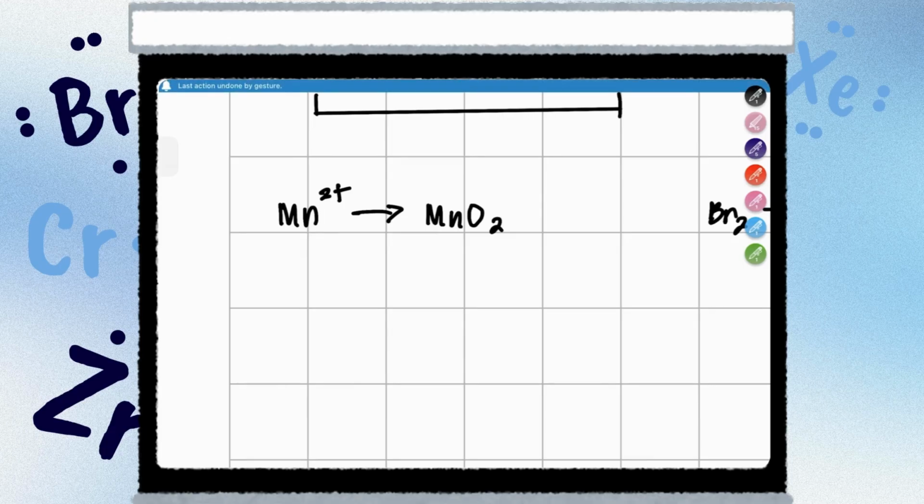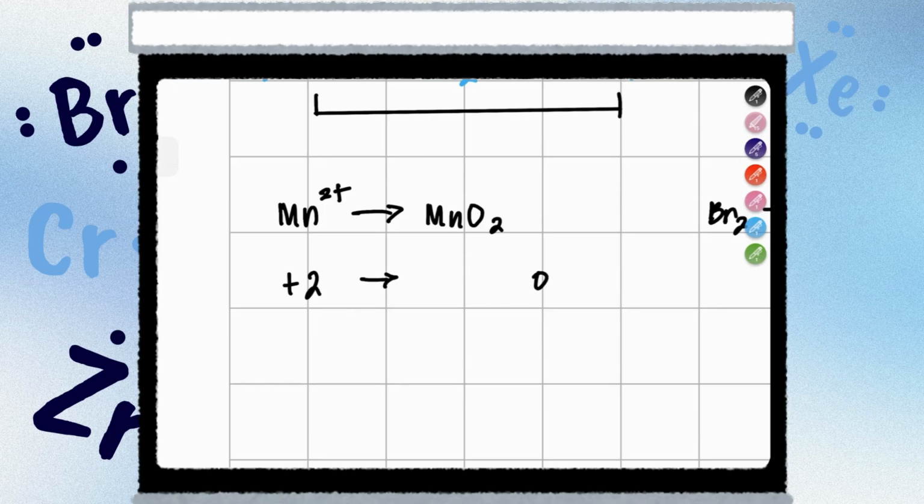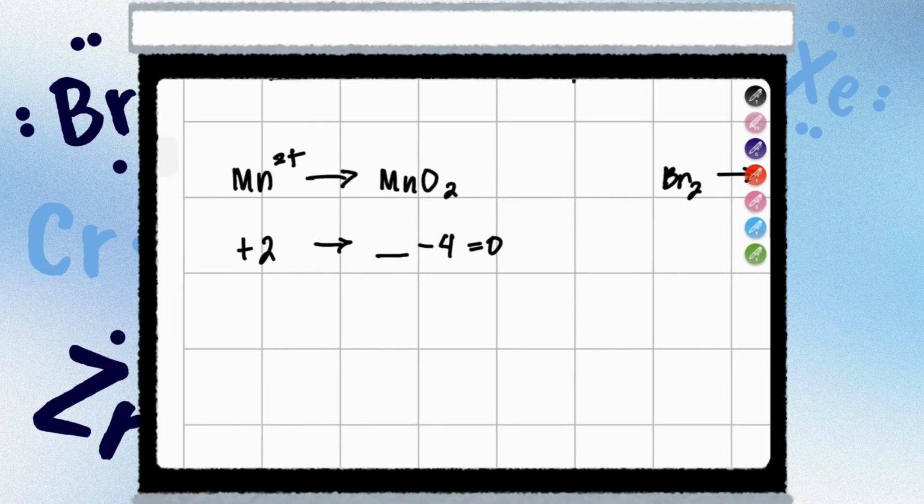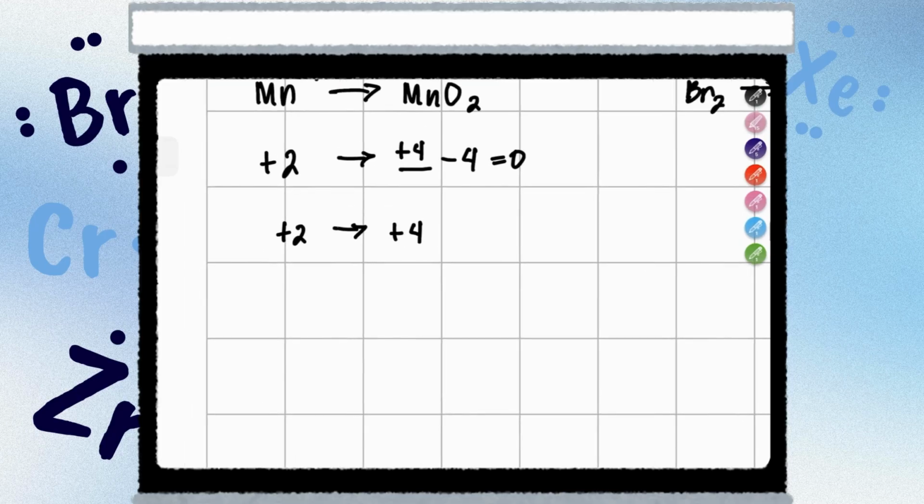So in this element, we have a charge of +2, while dito we have 0 ang charge. So -4. So anong i-combine kay -4? +4. So here we have a loss of electrons. Since lumaki yung positive number, ito yung oxidation natin.